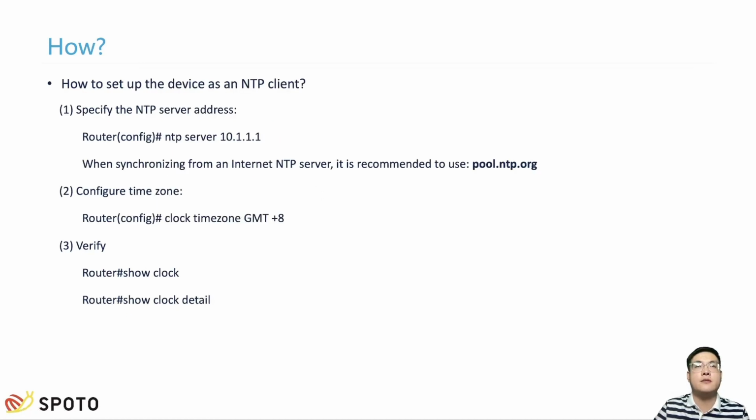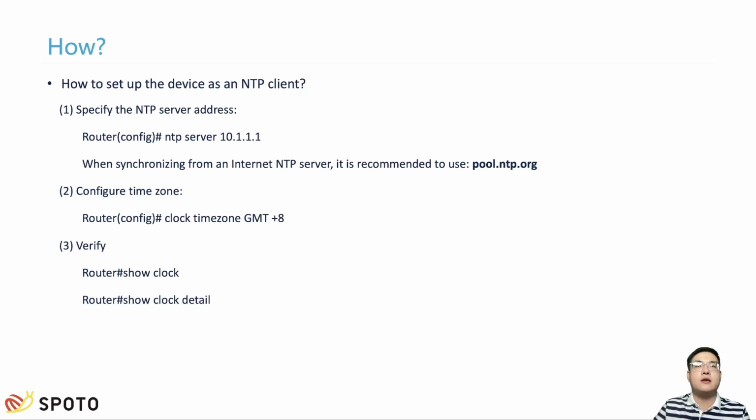There are thousands of public NTP servers around the world. Some of them even determine the time by atomic clock. So if your device is allowed to access the internet, then I recommend synchronizing the time directly through one of these public NTP servers. I recommend using pool.ntp.org here.